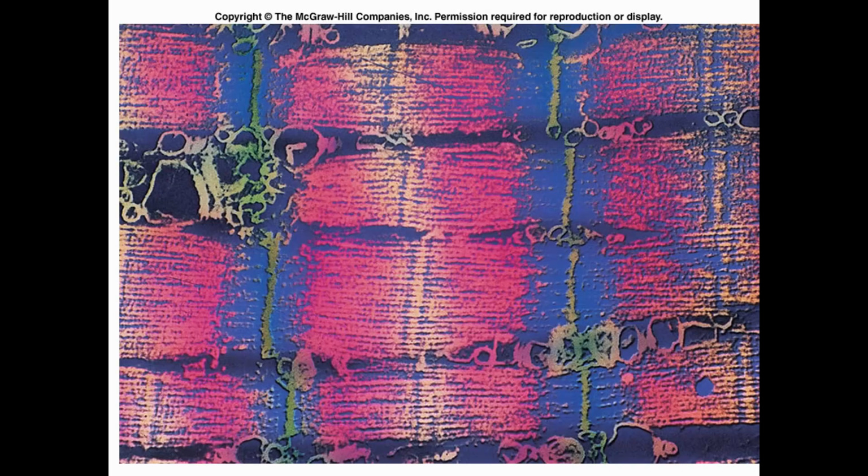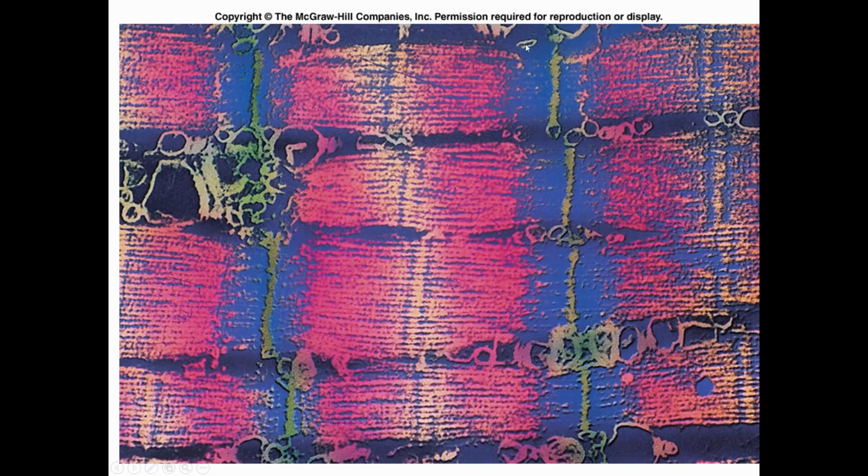I don't have it in your regular PowerPoint because those of you that print your notes really don't need to be spending a lot of ink printing this beautiful picture, but I adore this picture. So this is a Z line, this is a Z line, and so this structure in between is a sarcomere.